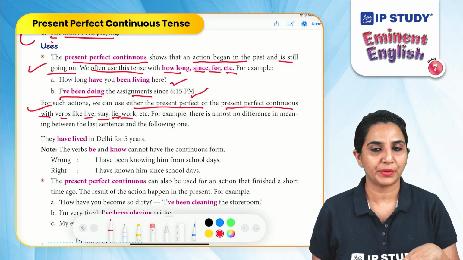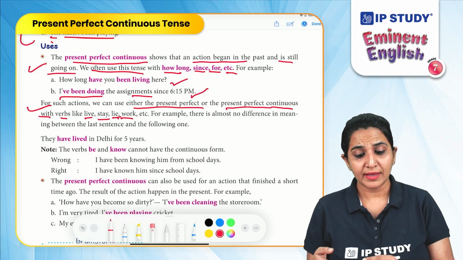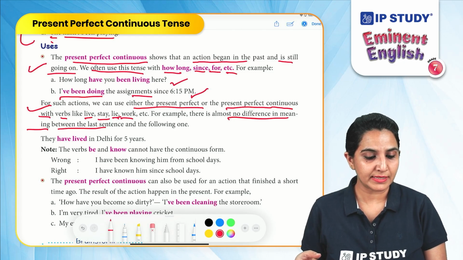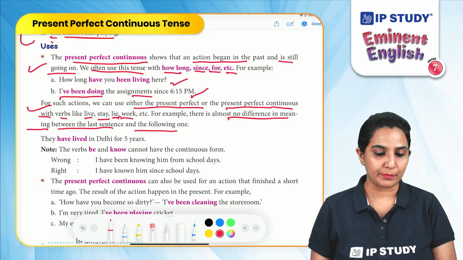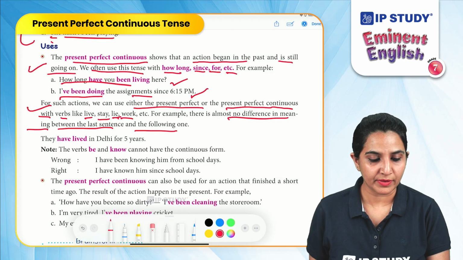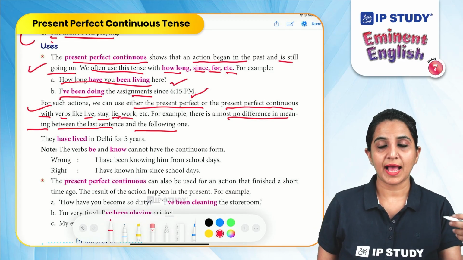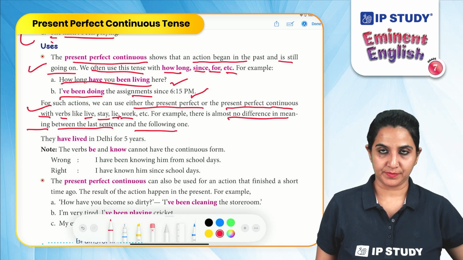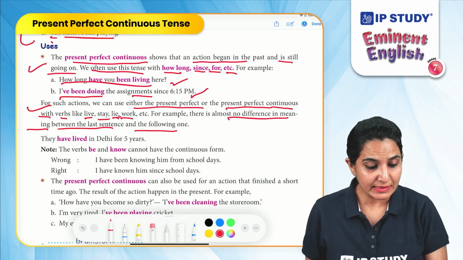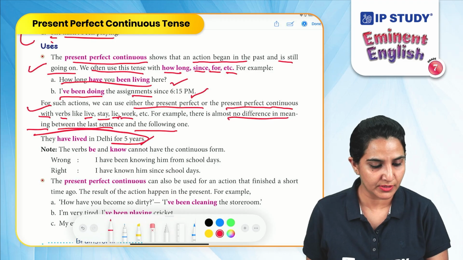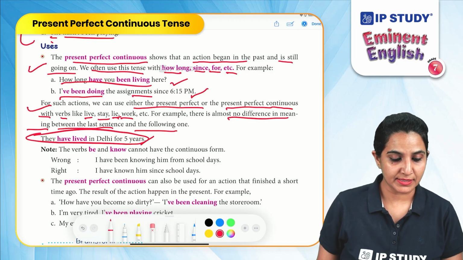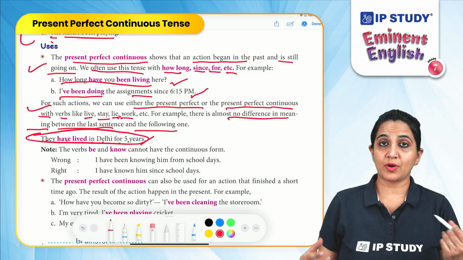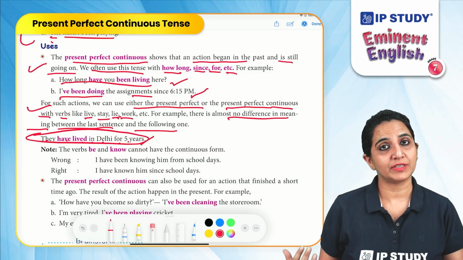present perfect continuous tense. For example, there is almost no difference in meaning between the last sentence and the following one. For example, how long have you been living here? And the answer to this was, I have been living here for 2 years. If I read this sentence now, this means they have lived in Delhi for 5 years. So I can use either of the tenses.